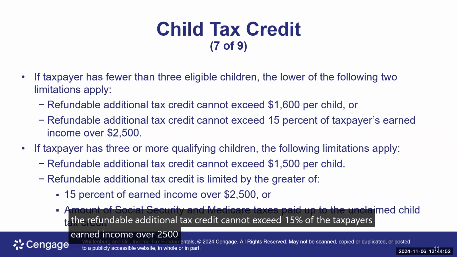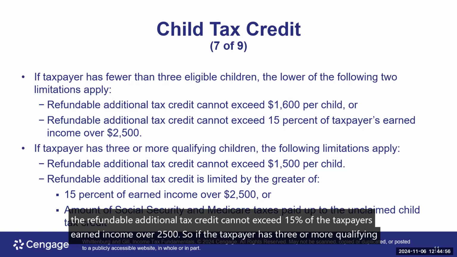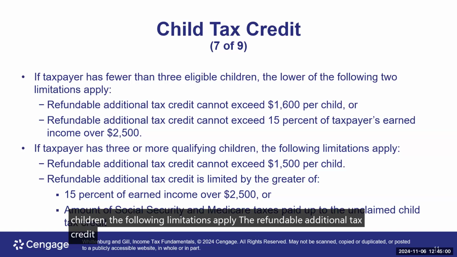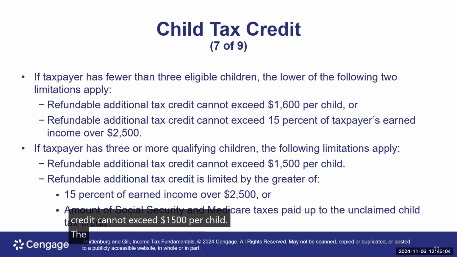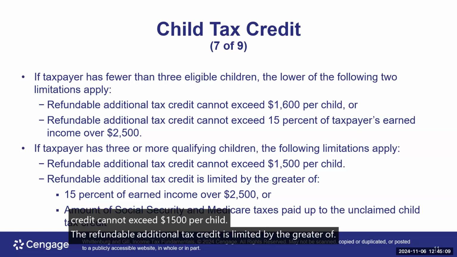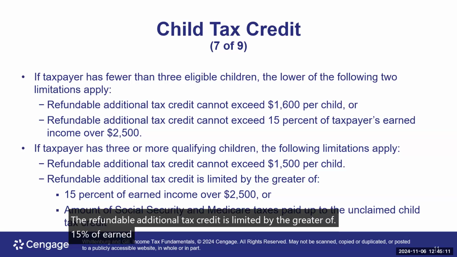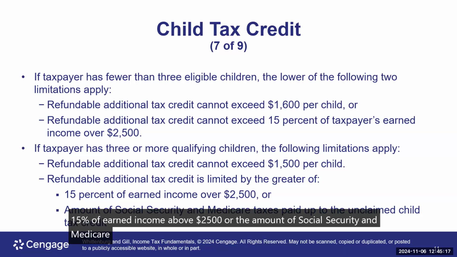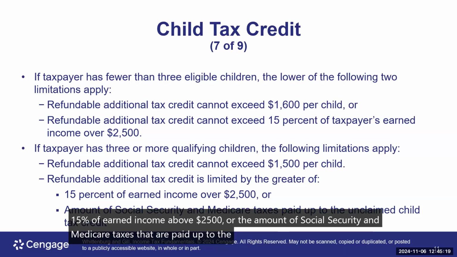If the taxpayer has 3 or more qualifying children, the following limitations apply. The refundable additional tax credit cannot exceed $1,500 per child. The refundable additional tax credit is limited by the greater of 15% of earned income above $2,500 or the amount of Social Security and Medicare taxes that are paid up to the unclaimed child tax credit.